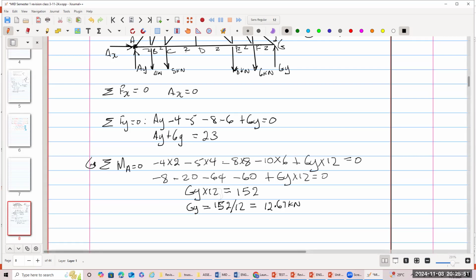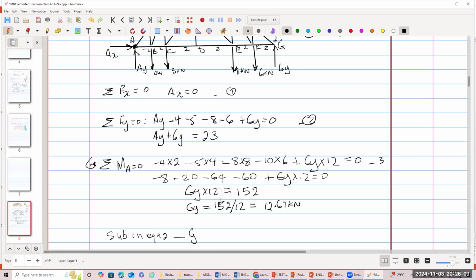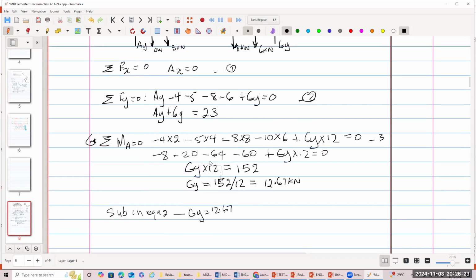You could call it that this is 1, this is 2, and then this is 3. Right? So you put it back in equation 2. So you substitute in equation 2, GY equals to 12.67, which is basic for you guys now.